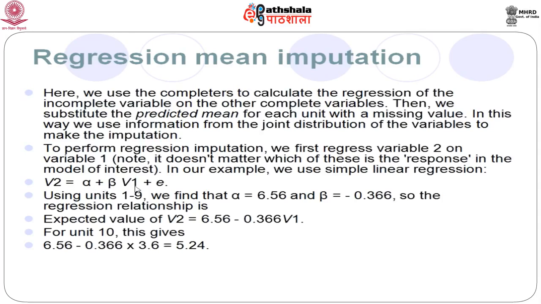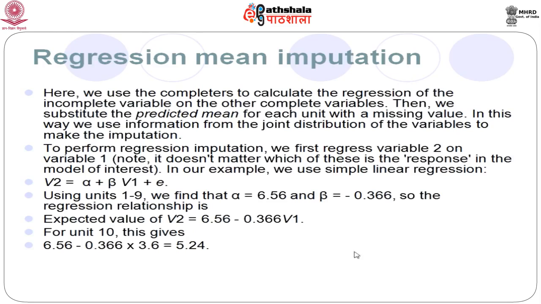Based on the regression I find the estimates of alpha and beta: the estimated value of alpha is 6.56, whereas the estimated value of beta is minus 0.366. So, this is the regression equation, and based on that, for an available value of V1 I can predict the value of V2.